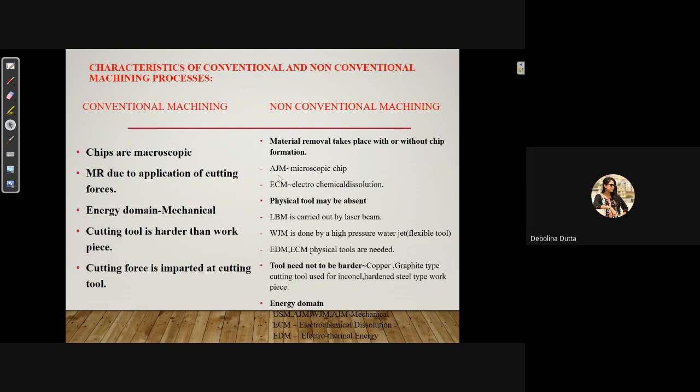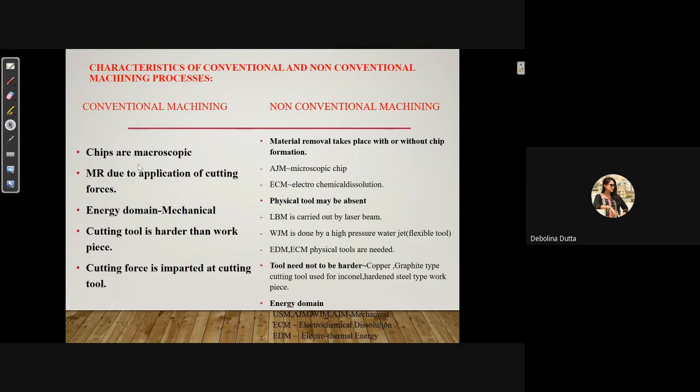But in the electrochemical machining process, there is no chip formation, because electrochemical dissolution is taking place. So no chips are formed in the ECM process. That is one of the major differences between the conventional and non-conventional machining processes.